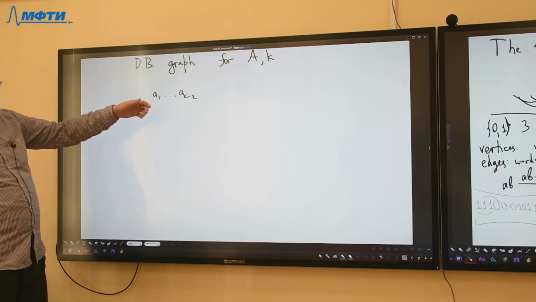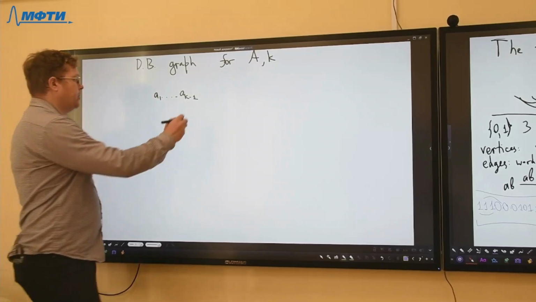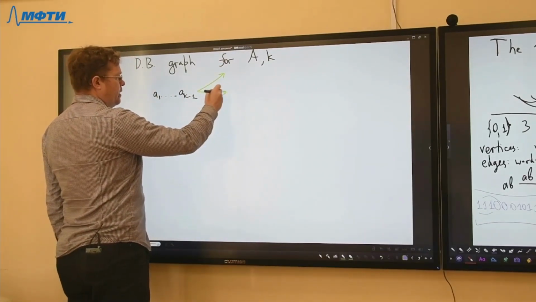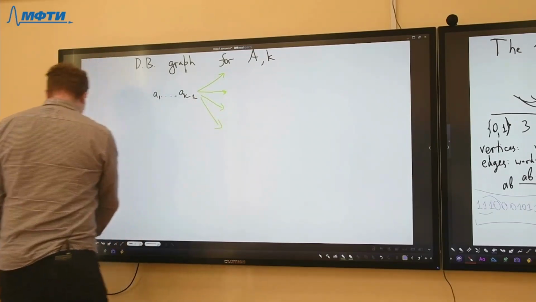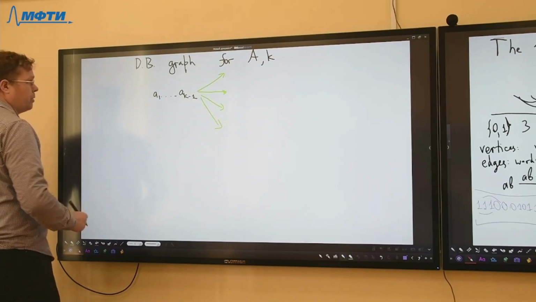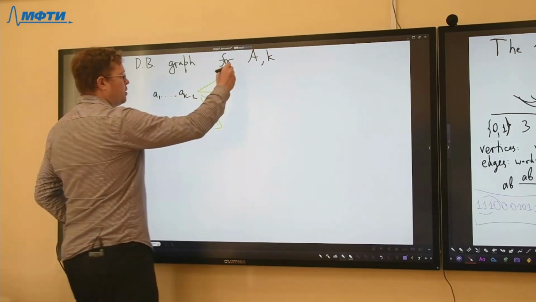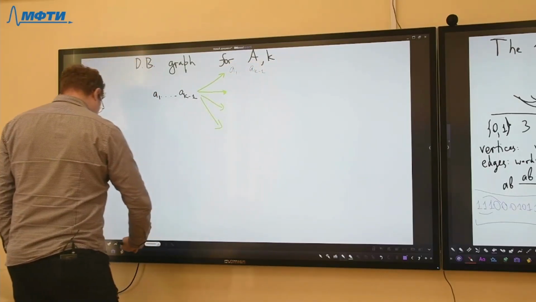The edges going out are all the sequences that have this first k minus 1 element. So the edges going out differ only by the last element, and the last element can be any element from the alphabet A.